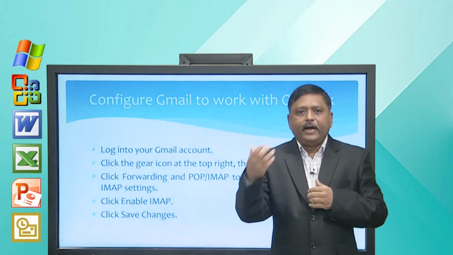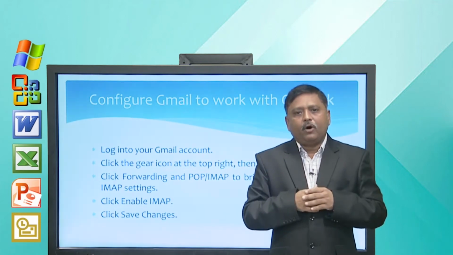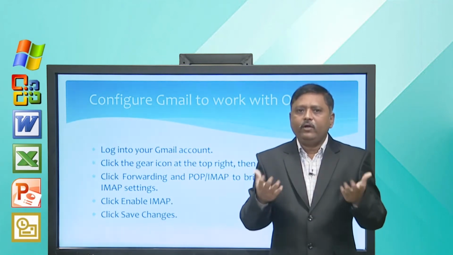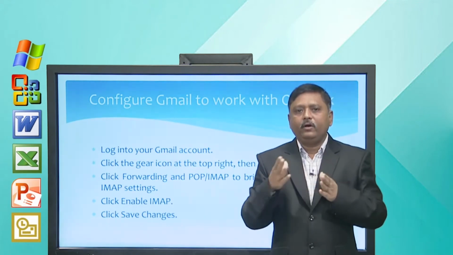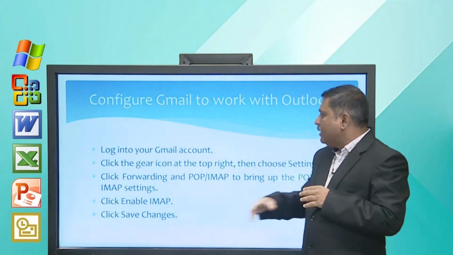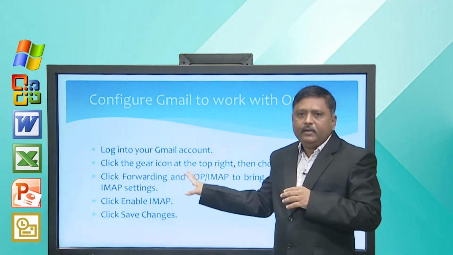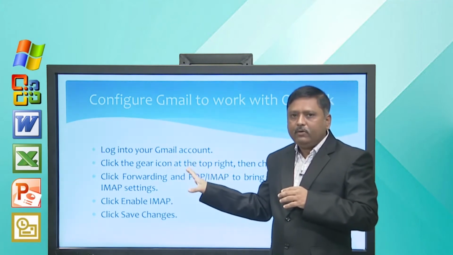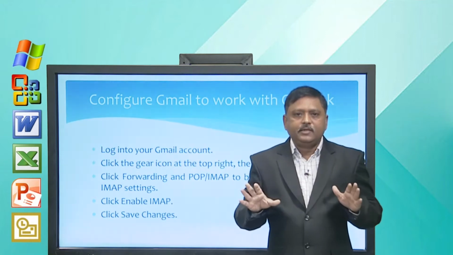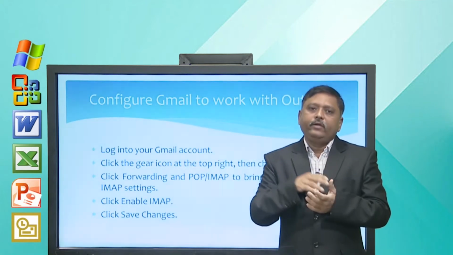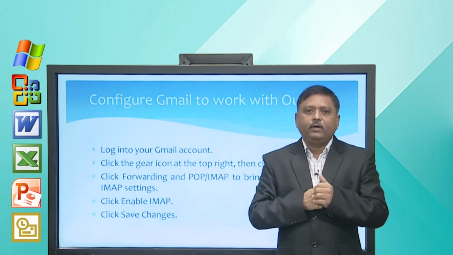So, it is better to use IMAP rather than POP3, but you can use any of these depending on your requirement. So, we have to enable IMAP and POP3 in your Gmail account, and then you have to save changes, and then you can use it with Microsoft Outlook.